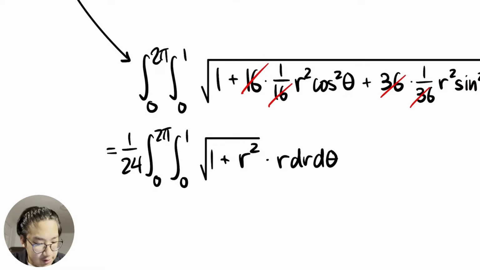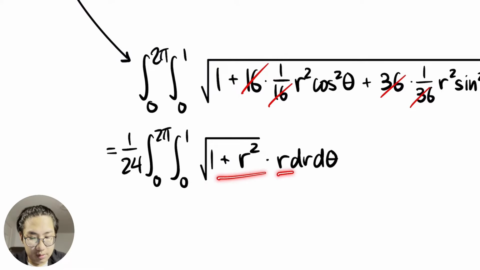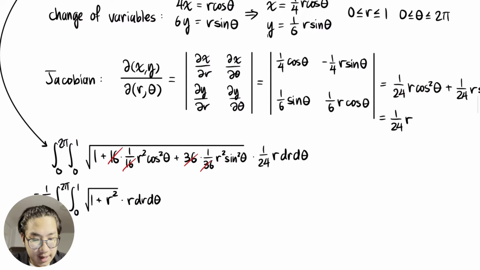Hopefully from here you notice that we can pretty easily integrate this because we have r and r squared. We can do a quick u substitution, which is another benefit of just directly going to r and theta. You leave u open to use for your typical u substitution.